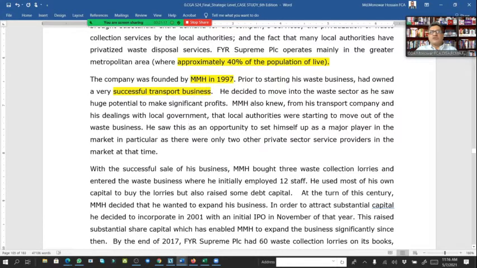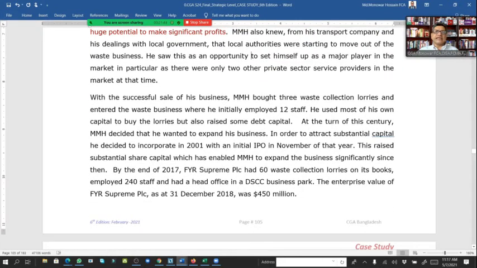He decided to move into the waste sector as he saw huge market potential and significant profit. MMS also knew from the transport company and his dealings with local government that local authorities were starting the move to privatization.